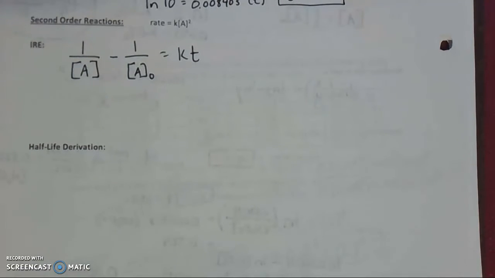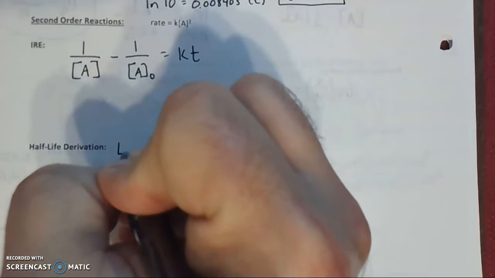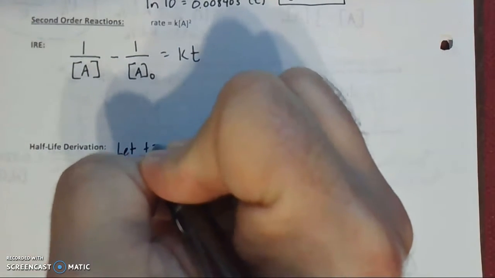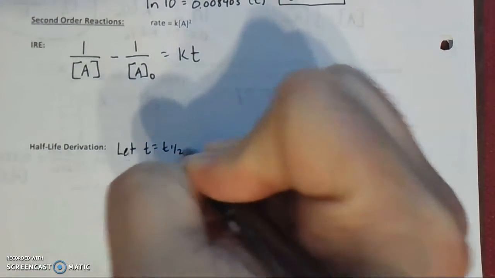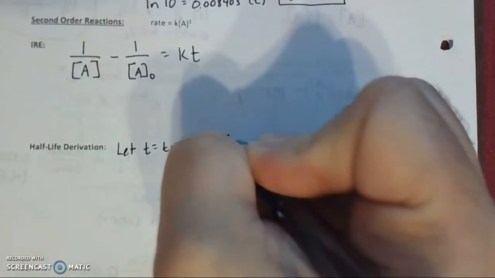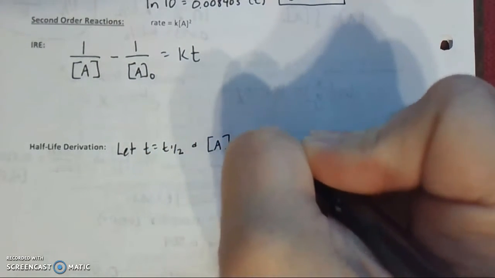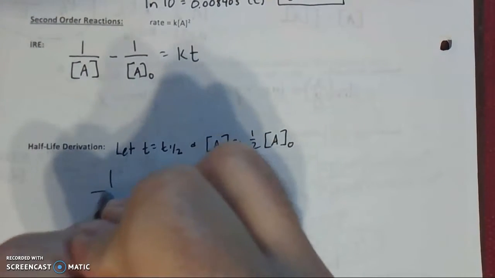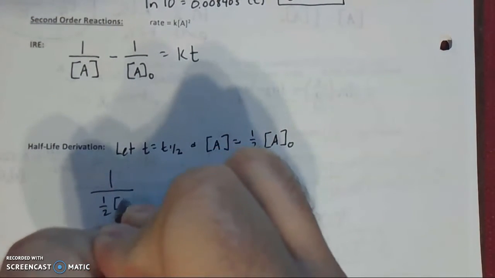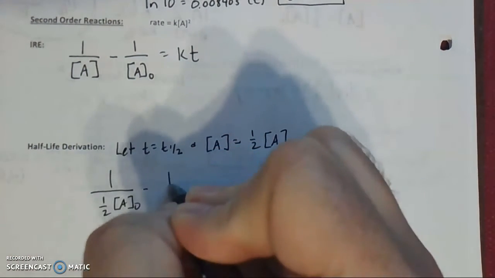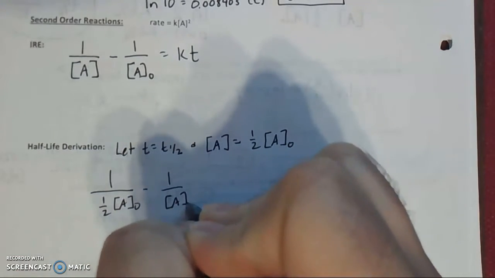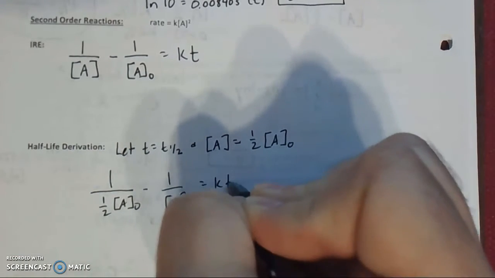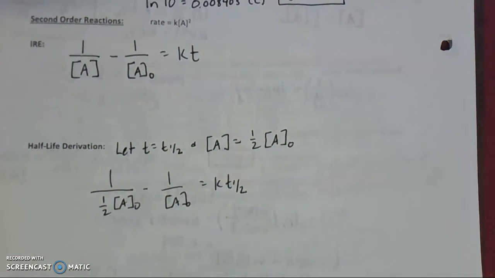So the half-life, again, if we let t equal t 1/2, and A equal 1/2 A sub 0, then we end up with 1 over 1/2 A sub 0 minus 1 over A sub 0 is equal to k t 1/2.